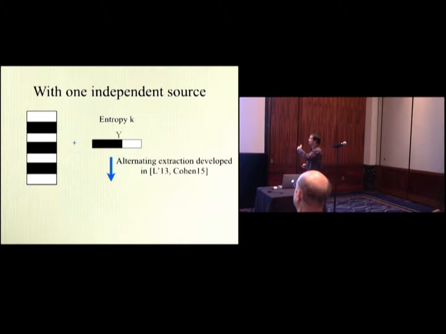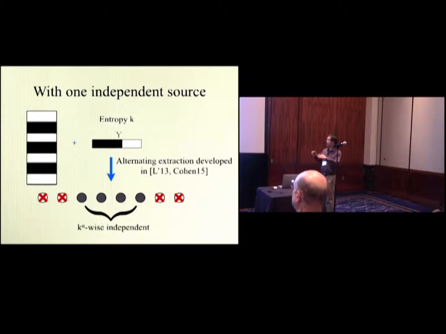So all of these tools can be used if we have this matrix together with an independent weak random source. And we can just run these existing protocols and turn them into a non-oblivious bit fixing source where the uniform random bits are k to the alpha-wise independent. So this is done in previous works. But the question here, of course, is that we don't have this extra independent weak random source, right? So how are we going to do it?